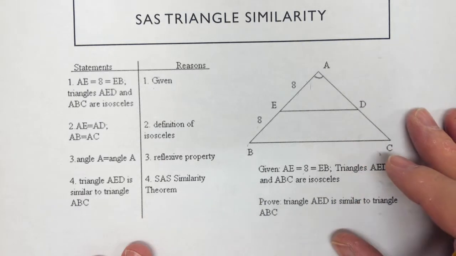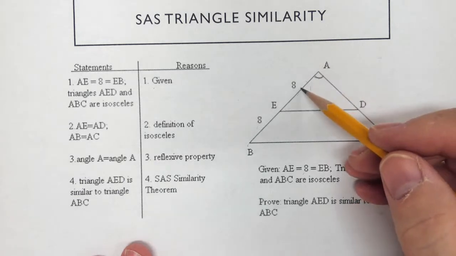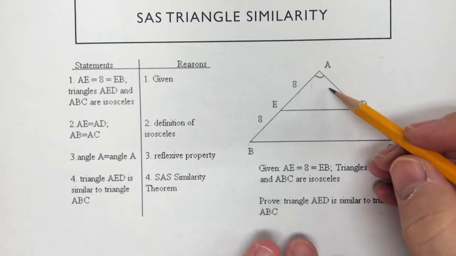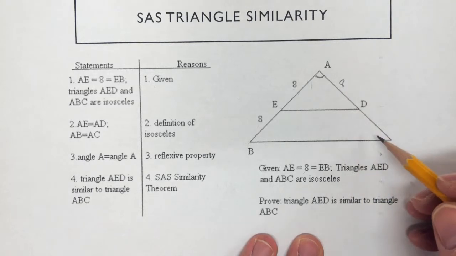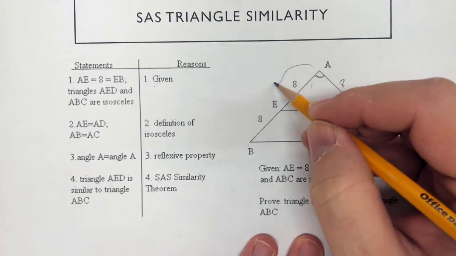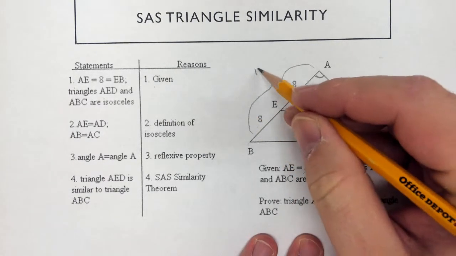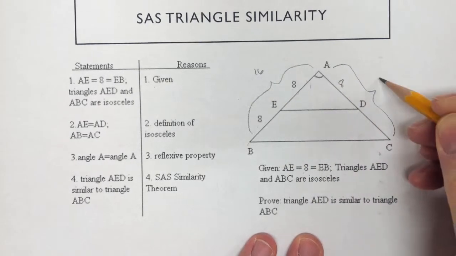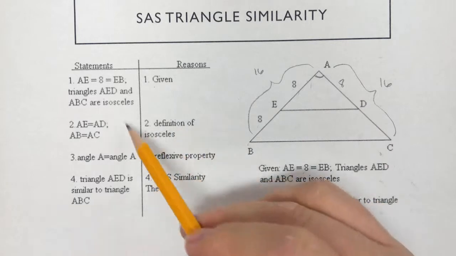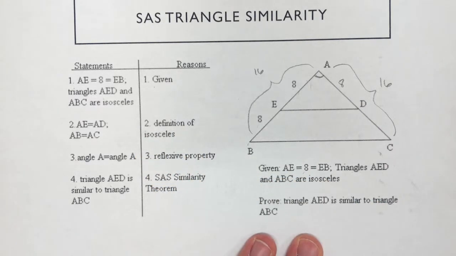And you're probably sitting there saying, well, how do I know that, Mr. Wicklehouse? So let's go a little bit more in depth. This side is 8, so this side is 8. This side is 16, so this side is 16, because these are isosceles triangles.